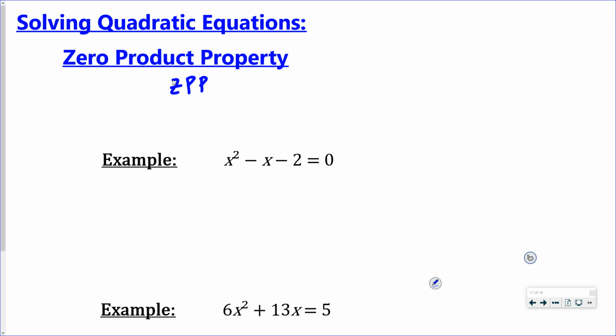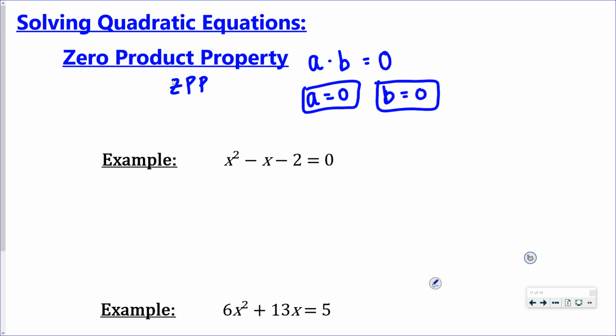If you have two or more factors being multiplied together, this could apply for any number, like let's just do A times B, and their product is 0, the only way we can multiply two things together and get 0 is how? If one of them is 0, right? So if A times B is 0, A is 0 or B is 0. That's the ZPP. We use that when we solve equations.